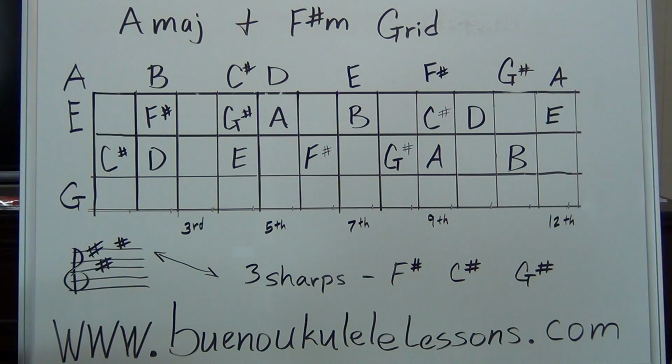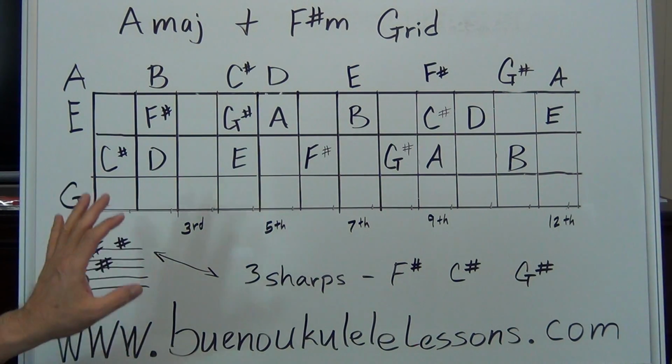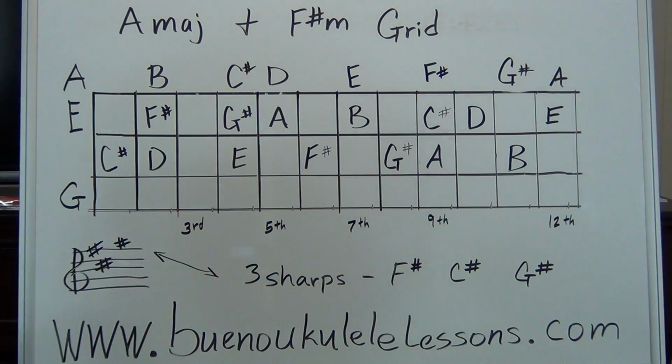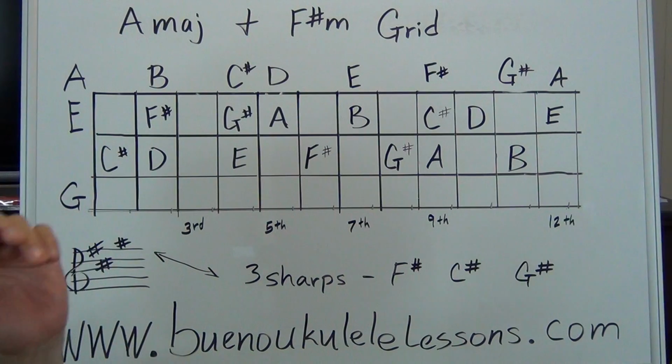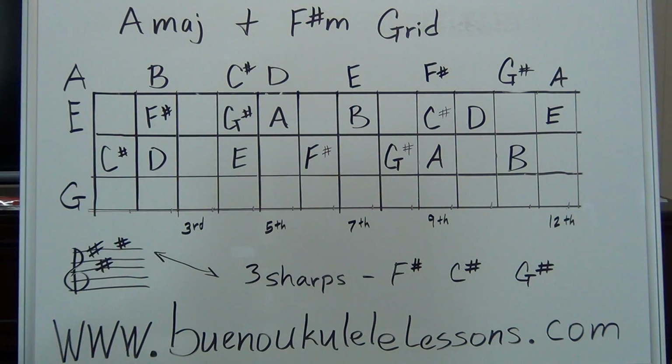If it helps you, what we're going to do in upcoming tutorials is break down the grid and show you how to practice it in sections so you can understand it easier. But really the main goal is to think about the entire grid when you're playing, so that you can better utilize that as a resource if you're playing your scales or melodic lead lines or your melodies. But that's really the way you want to go.